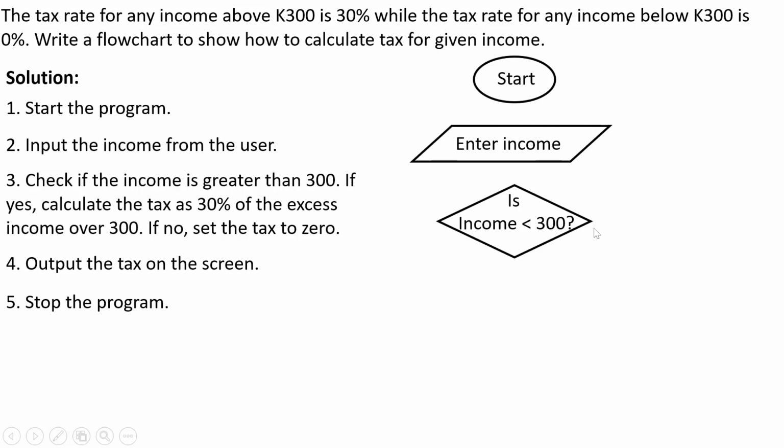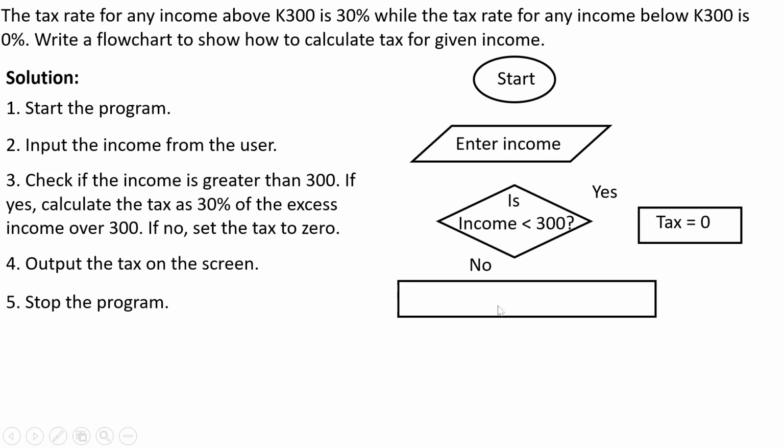If yes, then you process tax is equal to 0. If no, then you process again, and tax is now going to be 0.3, which is this one here. 0.3 is actually 30%. 30% means 30 over 100, which will give you 0.3.